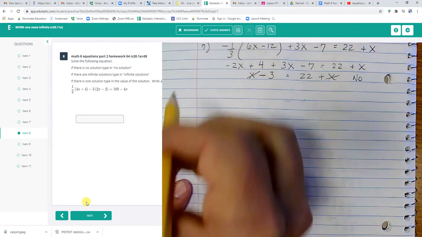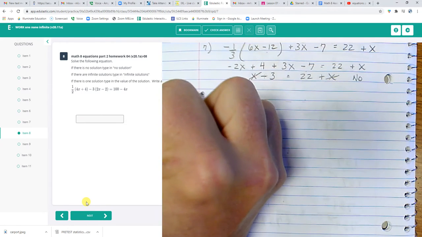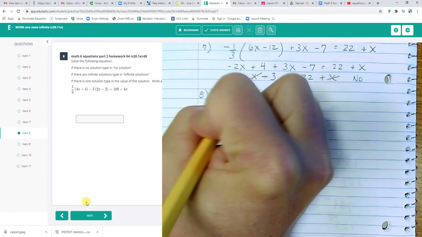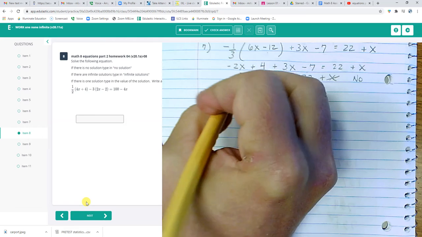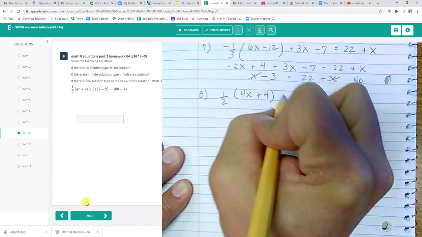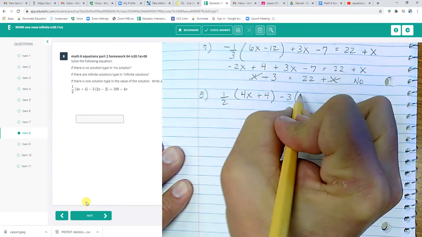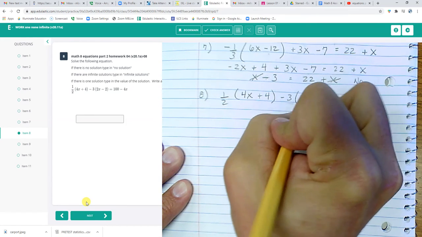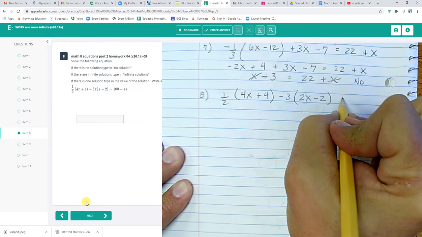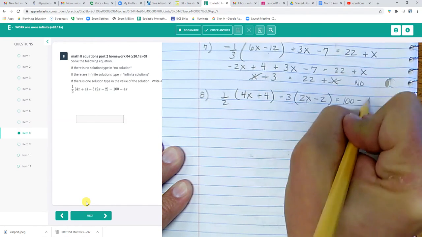Number 8. 1/2 (4x plus 4) minus 3(2x minus 2) equals 100 minus 4x.